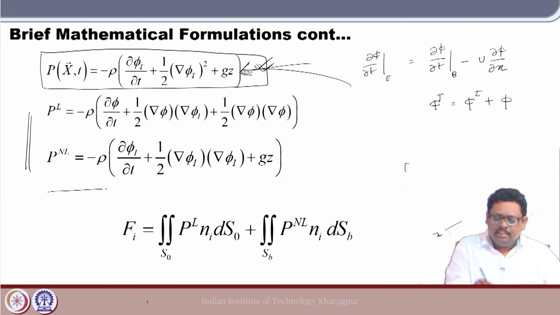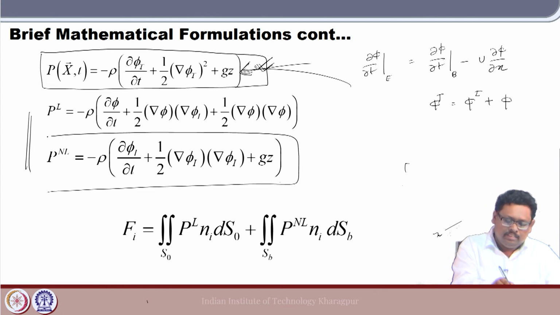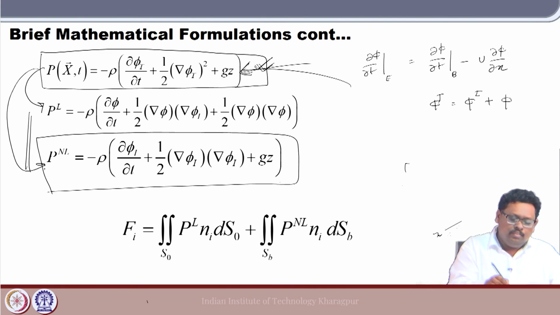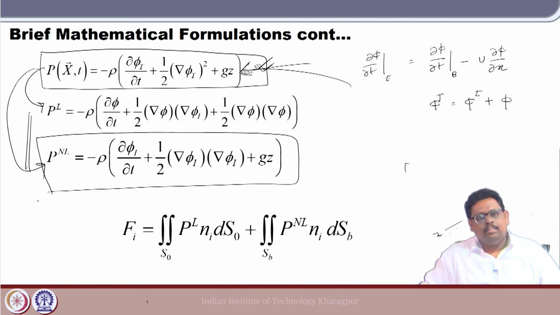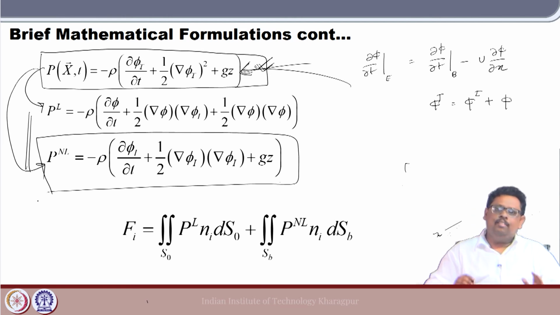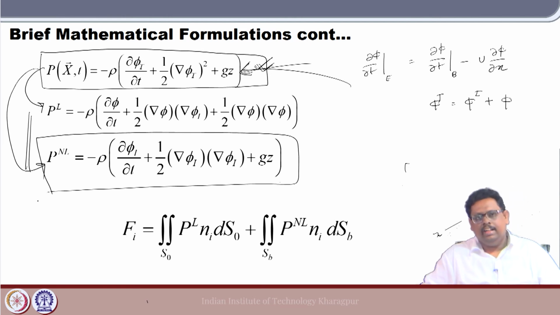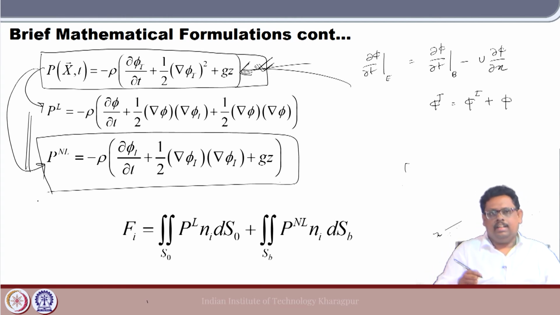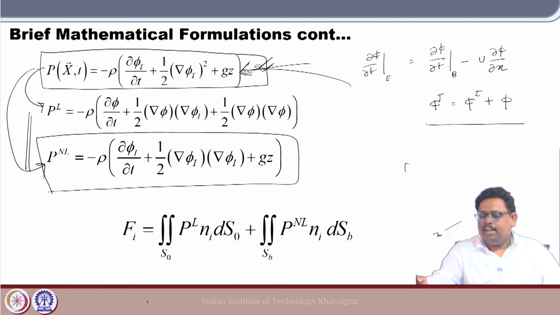That is written in the second pressure expression. So, this total pressure is also distributed into two components, one is the linear component and the second one is the nonlinear component. I am writing in a very compressed way, but it is your task to break this phi into phi I plus phi and please get these two expressions.